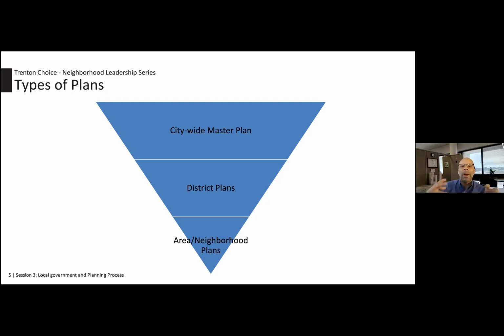It pulls down from the master plan specific elements that may be geographic to a specific district. And then the area neighborhood plans really get into the nitty gritty and define the area neighborhoods by block, as granular as the block.